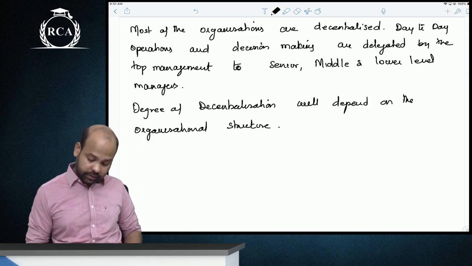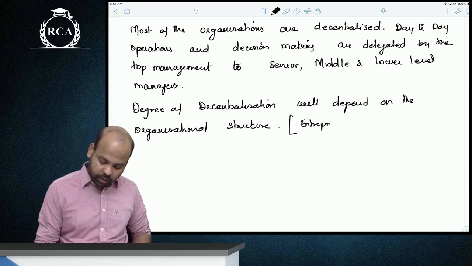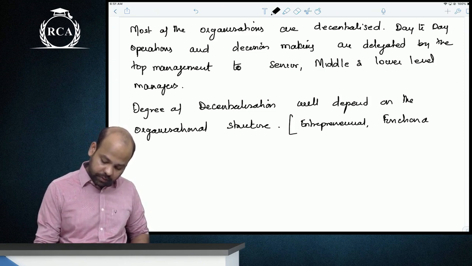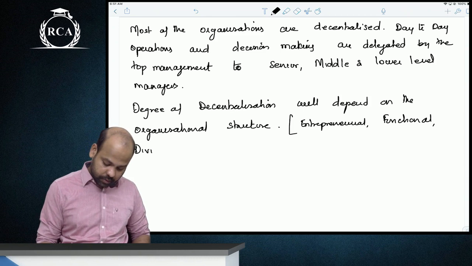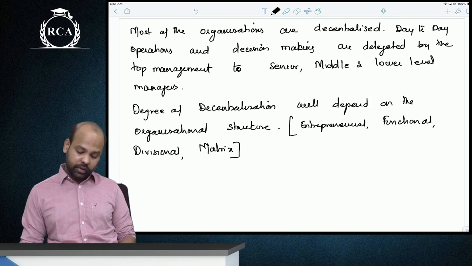Organizational structure, as we all know from the previous chapter, can be entrepreneurial, functional form of organization, divisional form of organization, and a matrix form of organization.